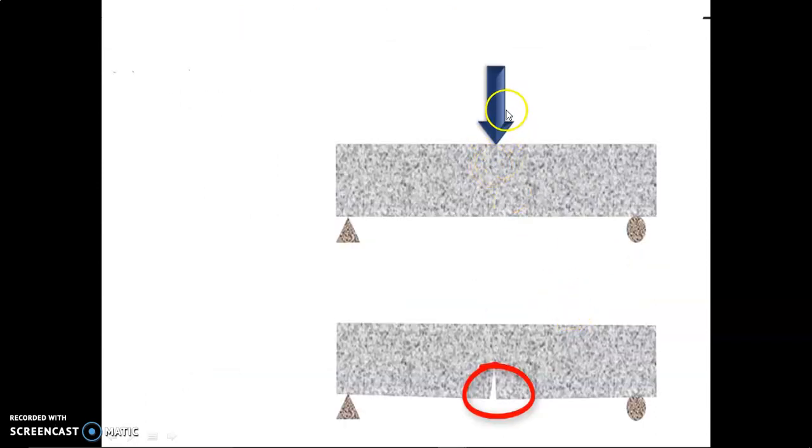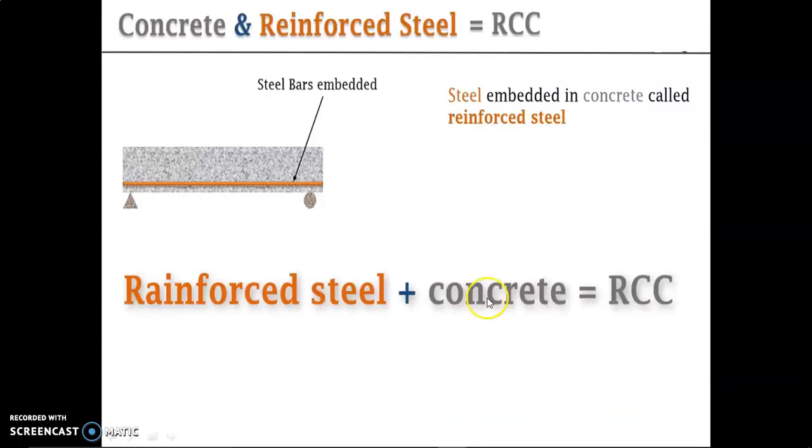When we apply a load on a beam, here you see cracks occurring. If we increase the load, then these cracks widen, and after some time the beam collapses. But what happens if we provide reinforcement here? Steel embedded in concrete is called reinforcing steel.